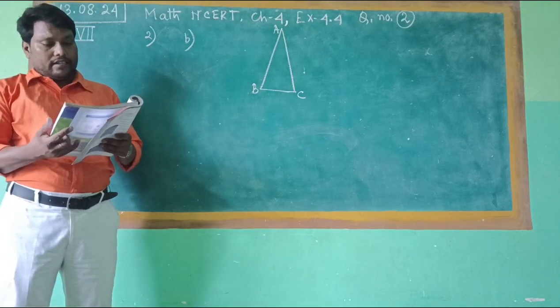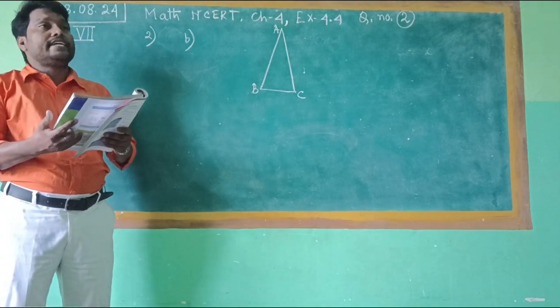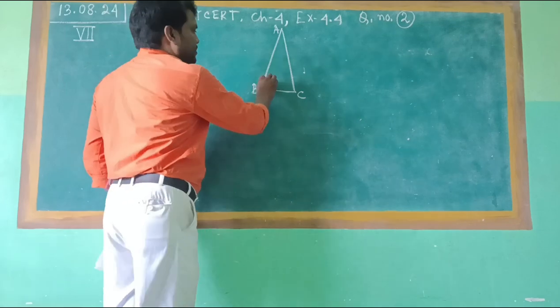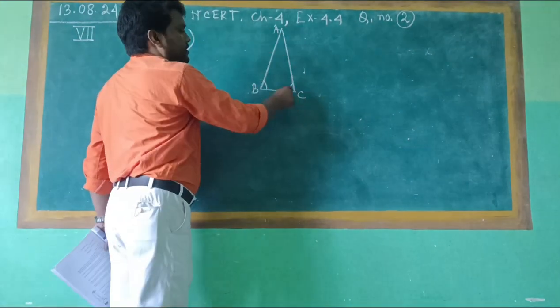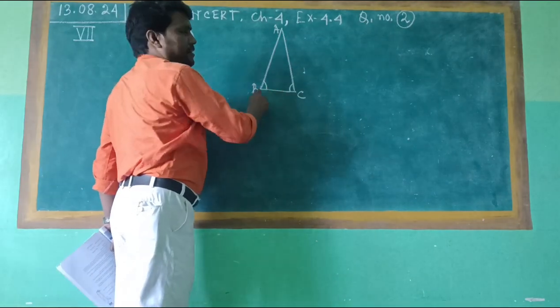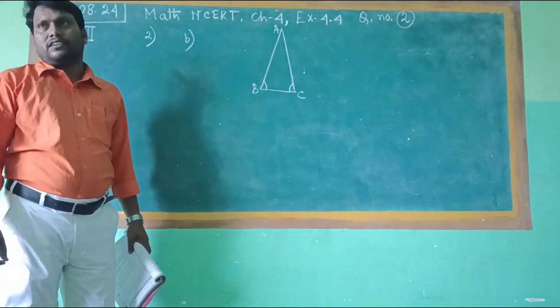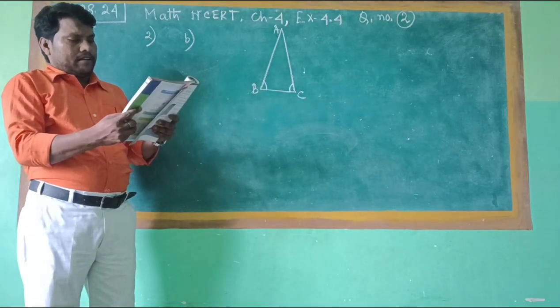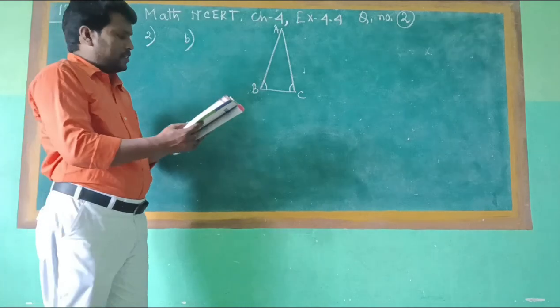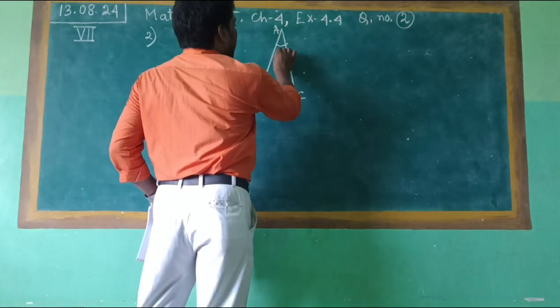What is said? The base angles are equal. The base angles mean this angle and this angle, that means angle ABC and angle ACB are both base angles. So base angles are equal. The vertex angle is 40 degrees. This is the vertex angle, 40 degrees.